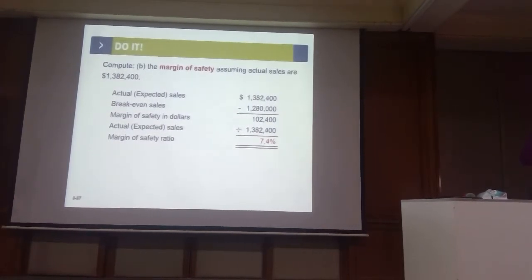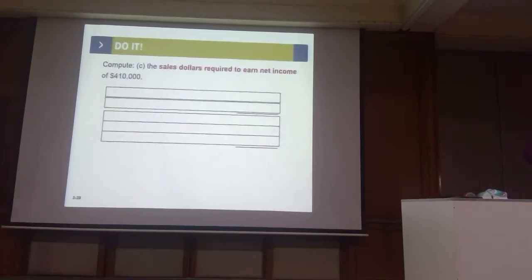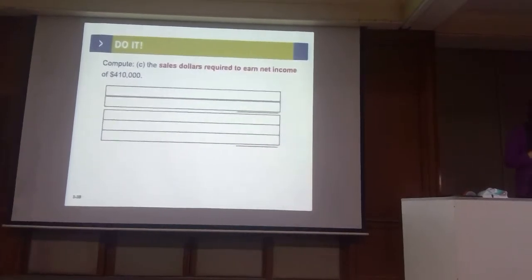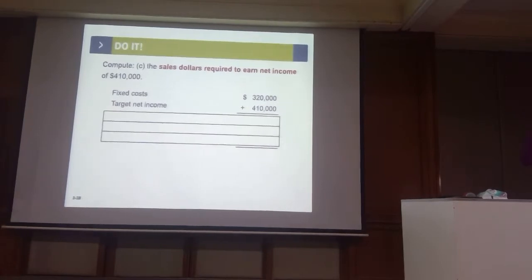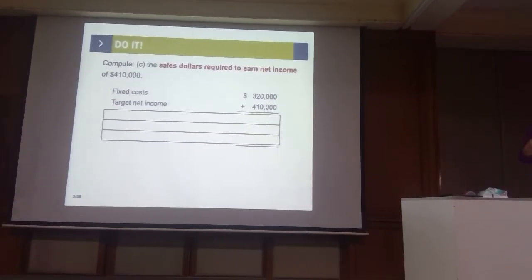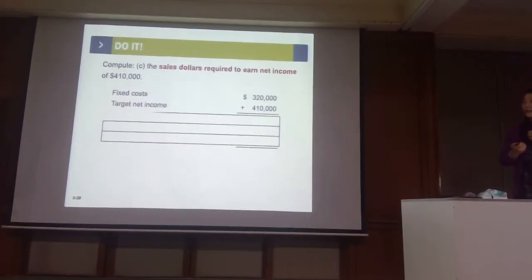And the last one, question C. If you want to earn the net profit of 410,000, how much do you have to sell? Okay, we know that we need to cover fixed costs, and we also need the contribution margin to contribute to net income.